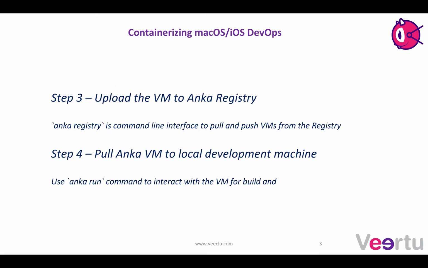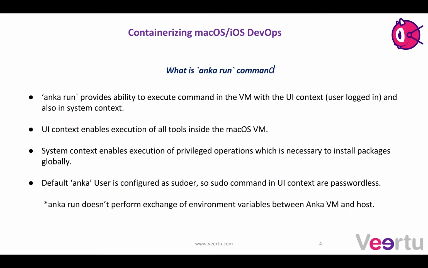After completing the dependency setup in your Enka VM, upload or push it to the Enka registry and distribute it to other developers or use it for continuous integration process. Pull one or more Enka VMs on a developer machine and then again use the Enka run command to work with that VM. Let's take a deep dive into the Enka run command.